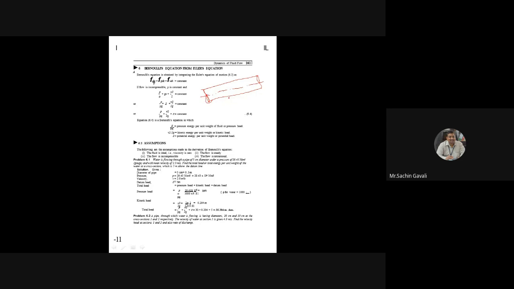This pipe has a diameter of 5 centimeters. So let us consider small d as the diameter, equal to 5 centimeter. If you convert into meter, it will become 0.05 meter.